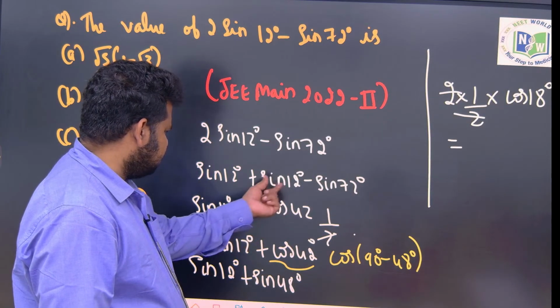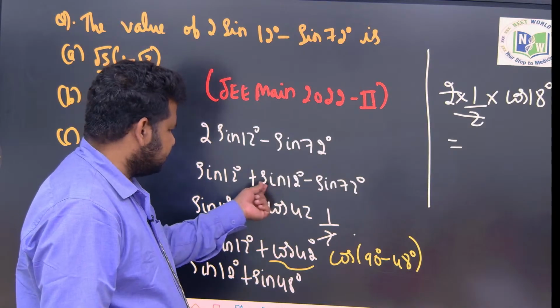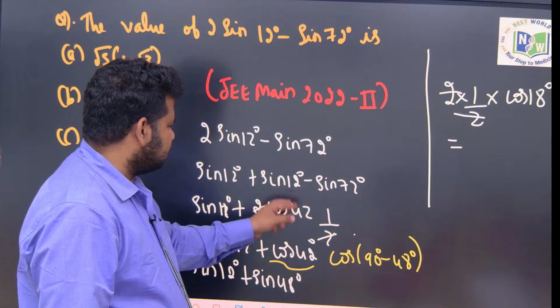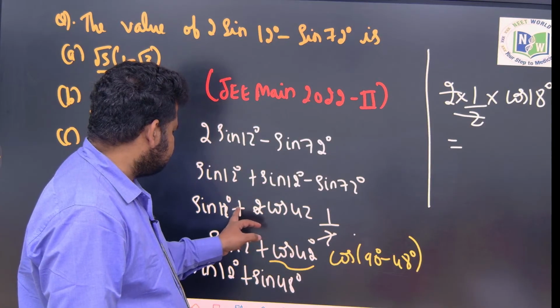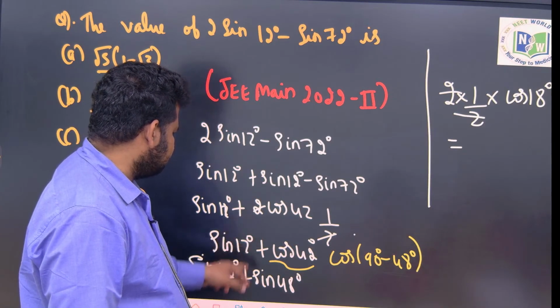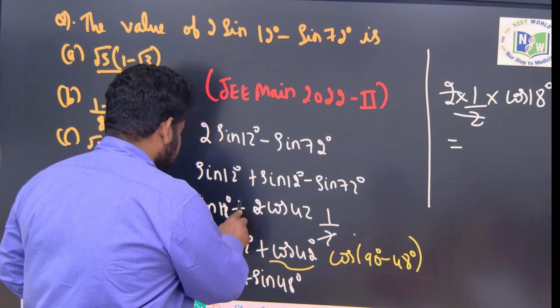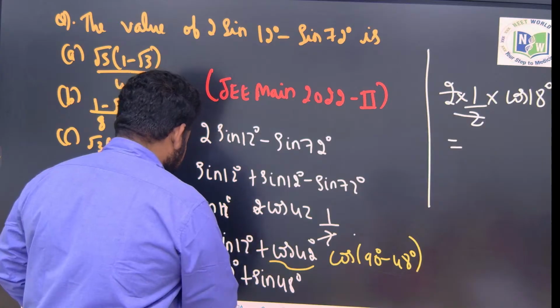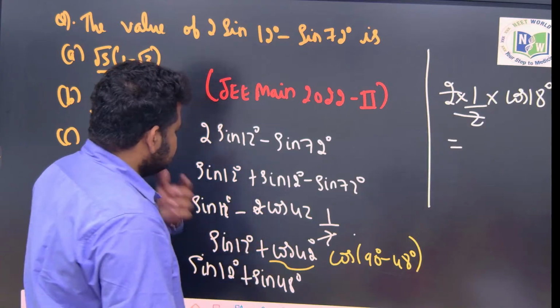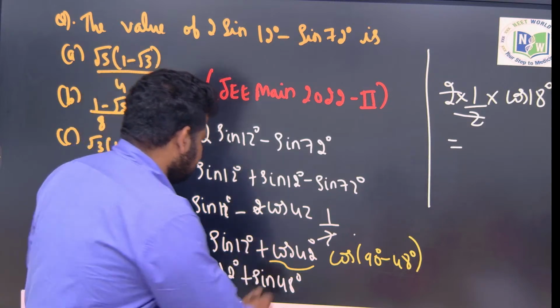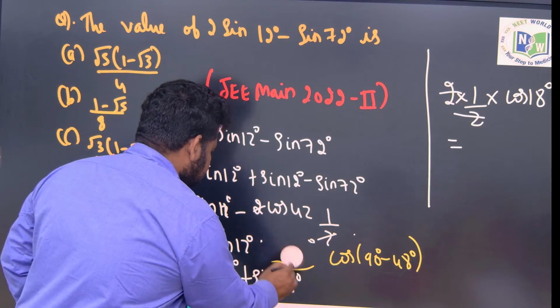So this will be cos 42. You mean to say this is minus. If you take minus also, this will remain same, 42 will be there. So cos 42, this will be again minus if you take.